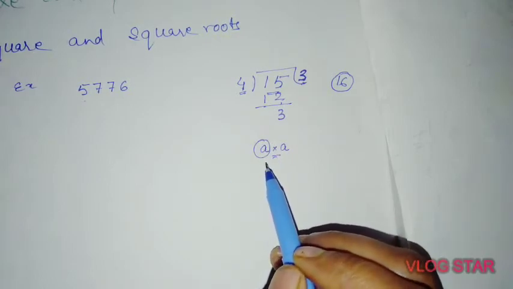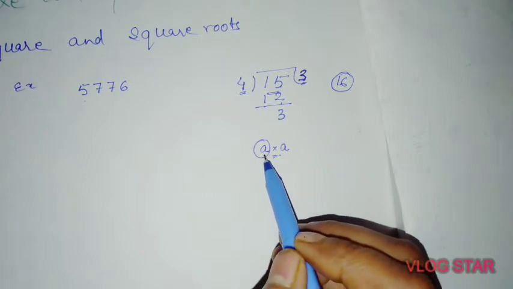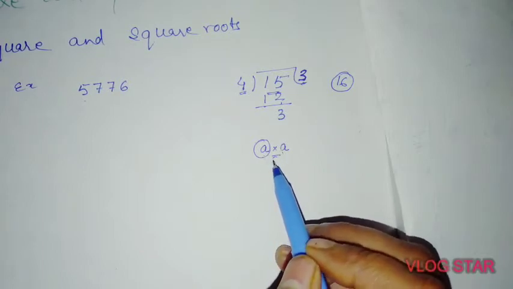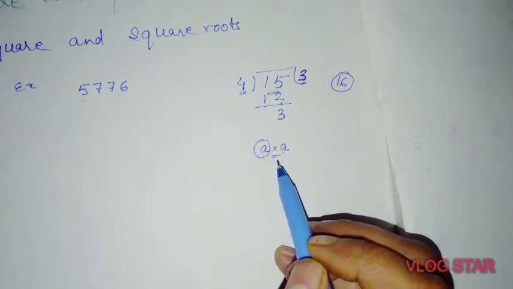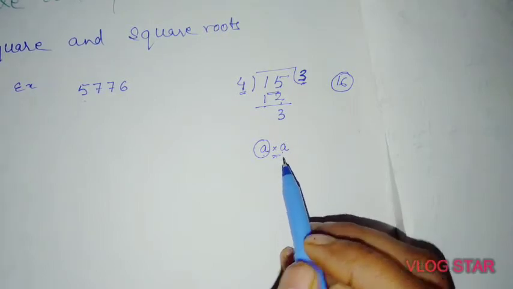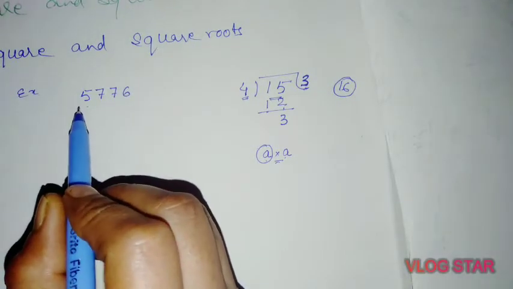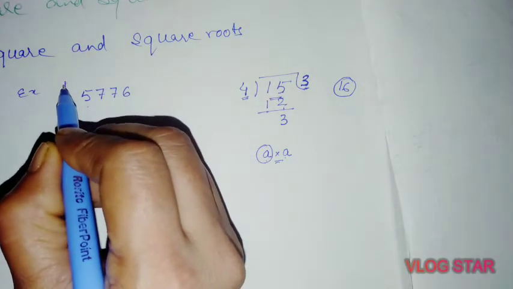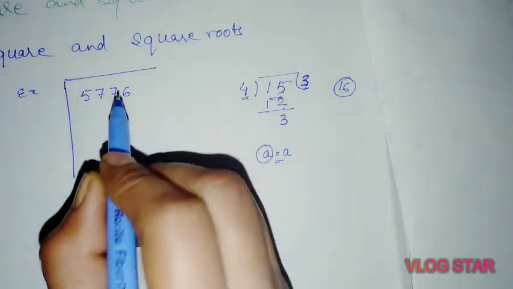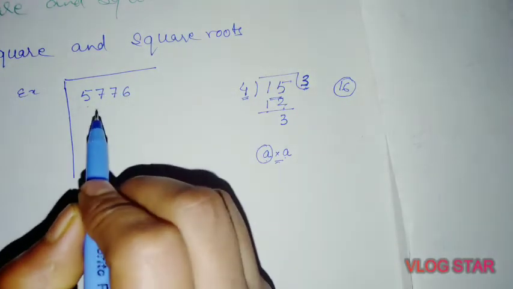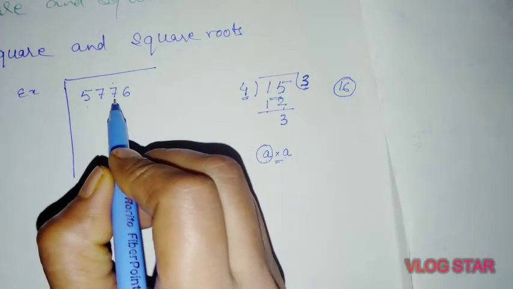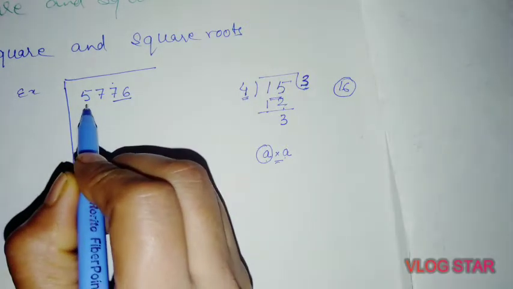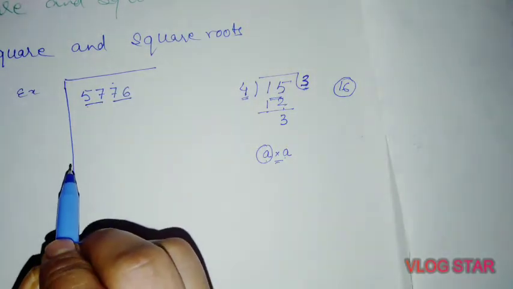So in the division method you multiply by the same number so that you get a number either equal to or less than the given number. Now for the division method we put a column like this and we pair up the number this way and this way.